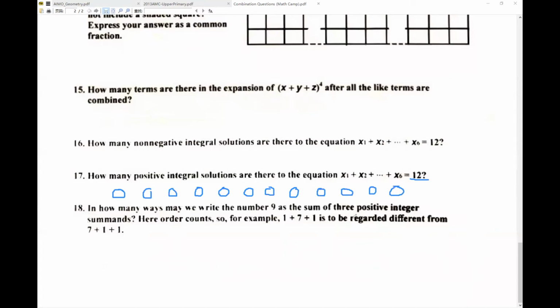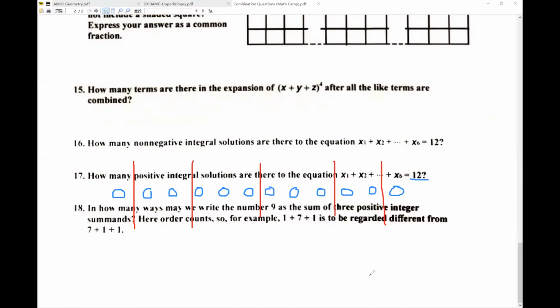So what do we do? We need to separate these 12 circles into 6 groups, right? Each group represents 1 parameter, 1 number, right? Yeah. See, we can do it this way. How many bars do we need to cut them to separate them into 6 groups?